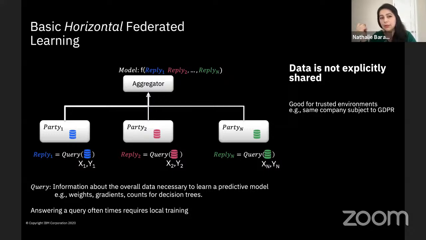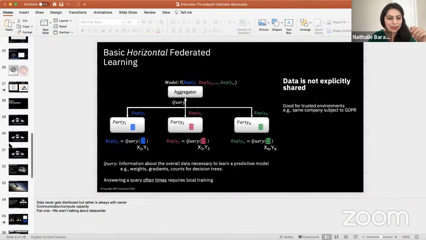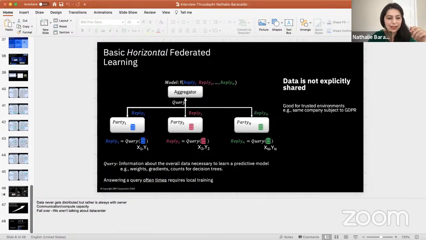Sometimes you are training a neural network, and it's very easy to aggregate by just having a simple average. There's a very popular algorithm that weights the replies based on the number of data points that each of the parties has. But there's a whole set, and maybe I can show you just to give you a sense of how big it is here.